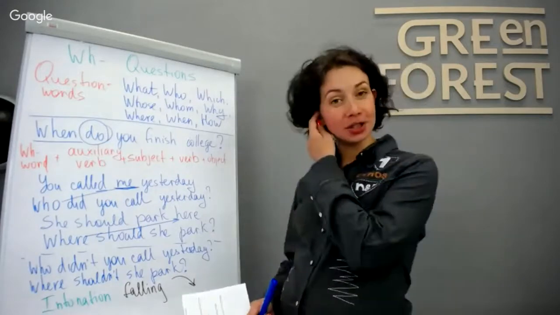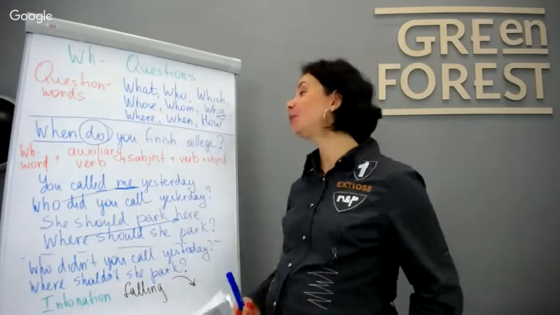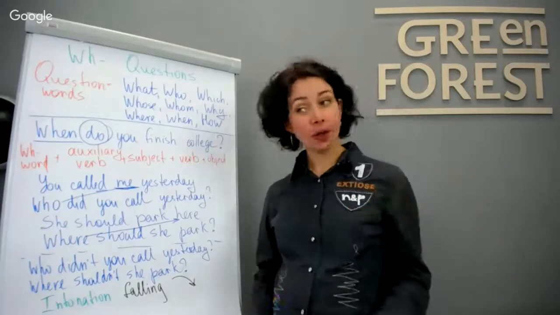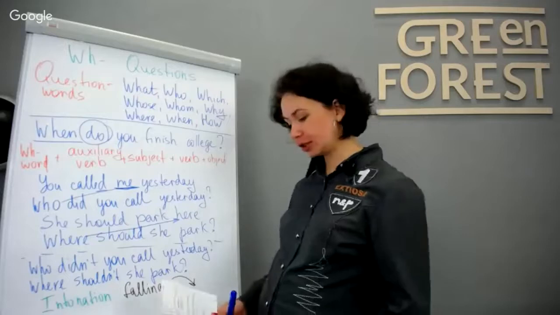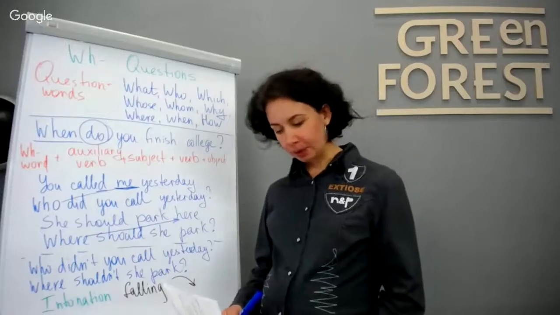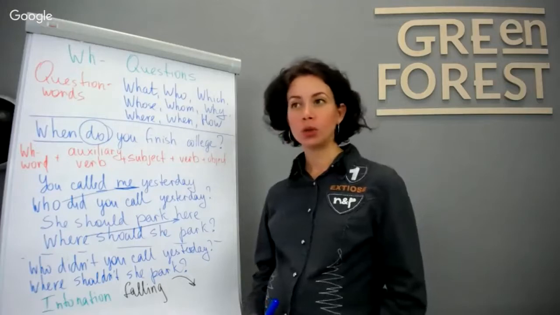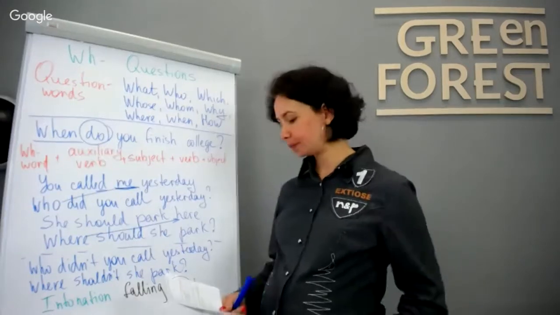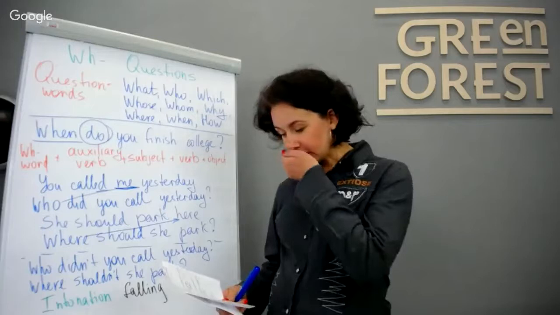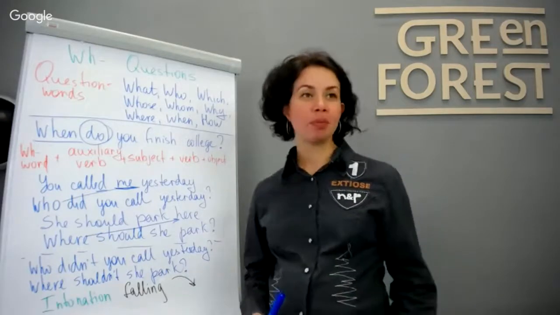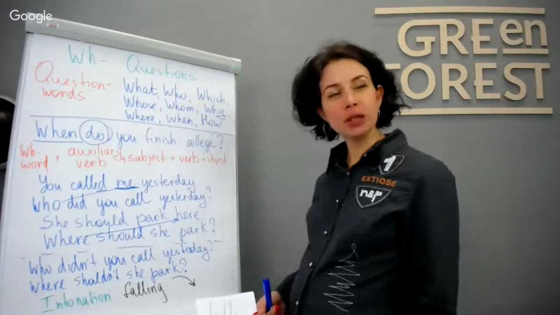Sometimes the intonation can be rising if we want to check, to clarify the information. It's like we know already the information and we want just to clarify it. For example, what did you say the time was?